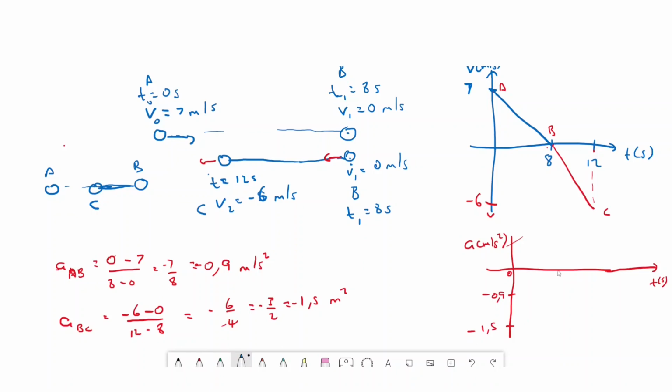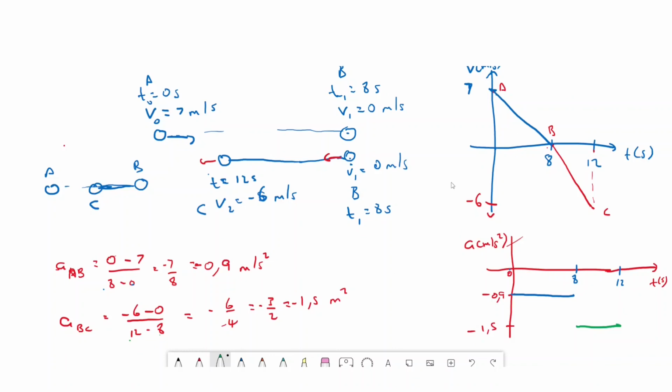From 0 seconds to 8 seconds, the acceleration is minus 0.9. Then from 8 seconds to 12 seconds, the acceleration is minus 1.5. So that's how the acceleration time graph of this thing is going to look. Hopefully you guys get it.